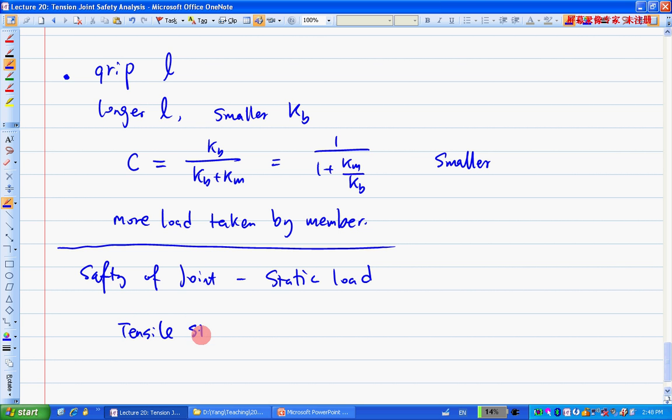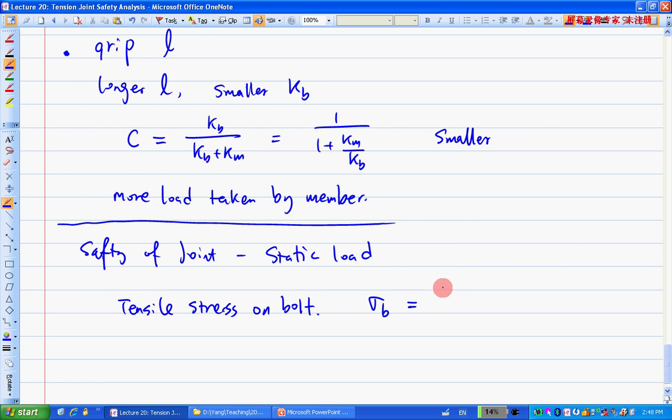First calculate the tensile stress on the bolt. Let's use sigma b to indicate the tensile stress on the bolt. Stress is connected to the load on the bolt, and in our case we use Fb, the resultant load on the bolt, divided by the stress area At, from the table.